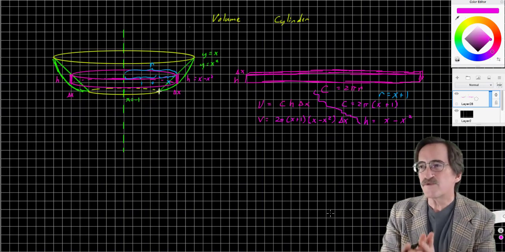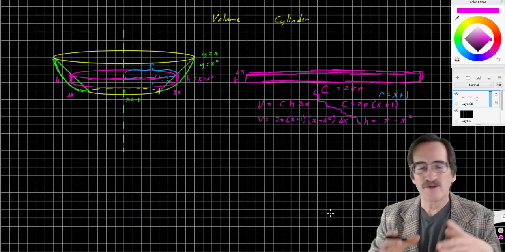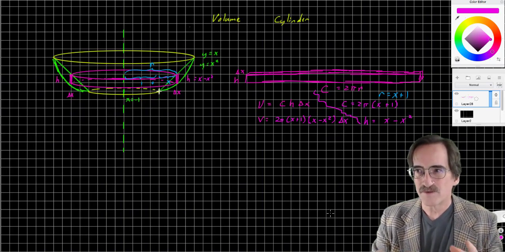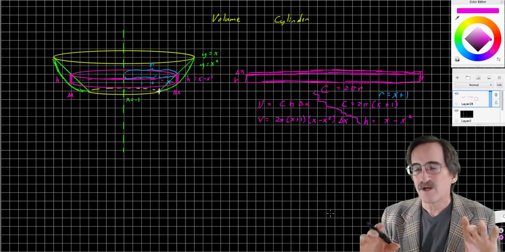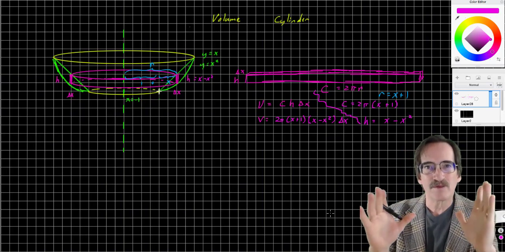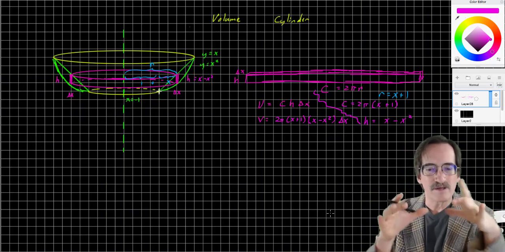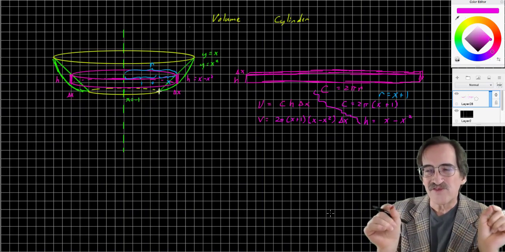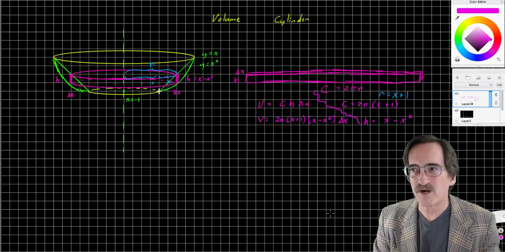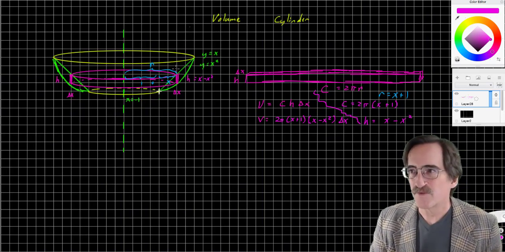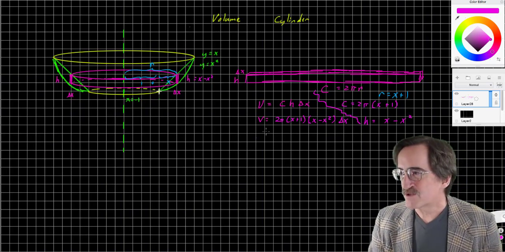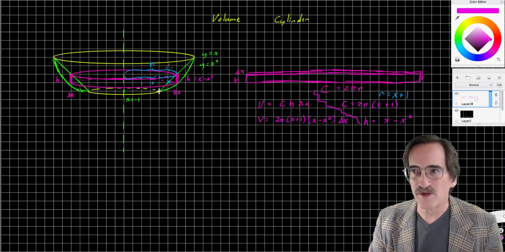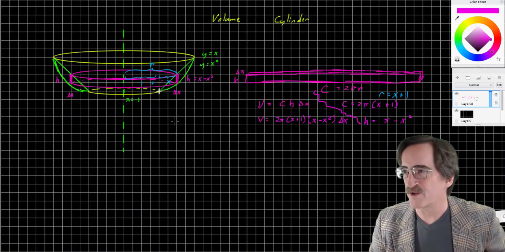All right, so hopefully that makes sense. The idea of the ring method, cylindrical rings, is that we convert it to finding the volume of a thin, empty ring, where the thickness allows us to approximate the volume as a rectangle. So that's the volume of the hollowed out cylindrical ring.